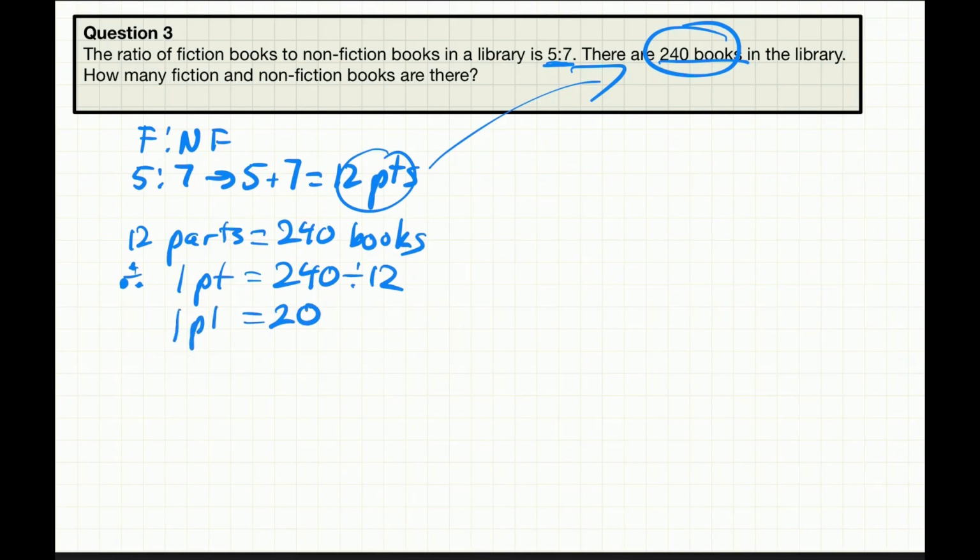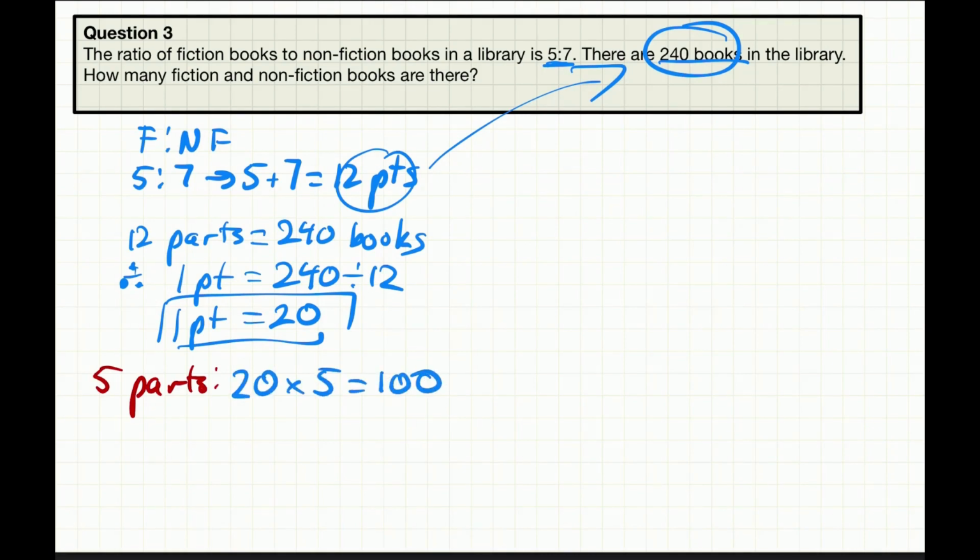So 1 part is worth 20 books. Now let's find how much 5 parts are worth. So 5 parts is going to be worth 20 multiplied by 5, which is 100, while 7 parts is going to be worth 20 multiplied by 7, which is 140.